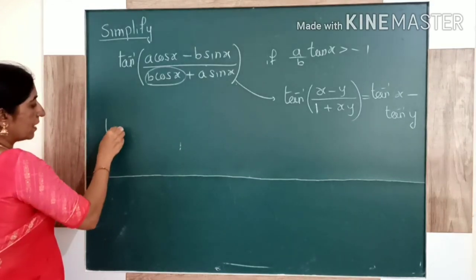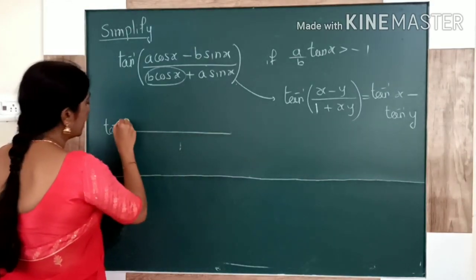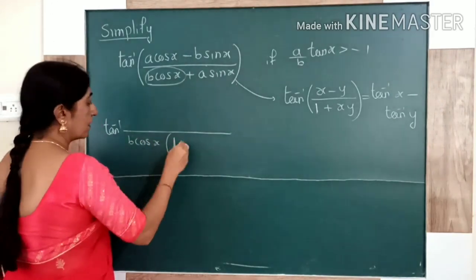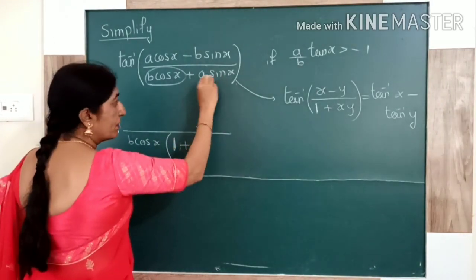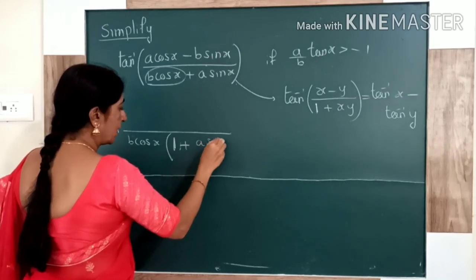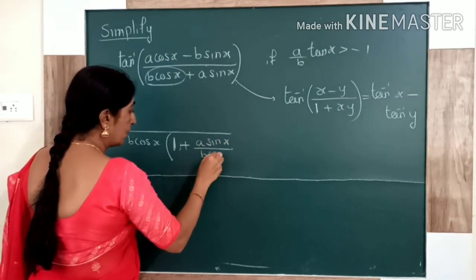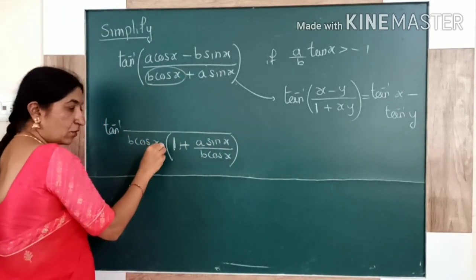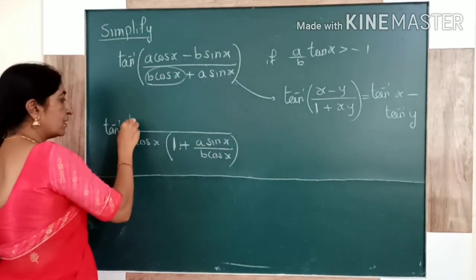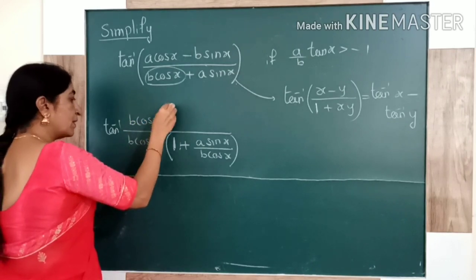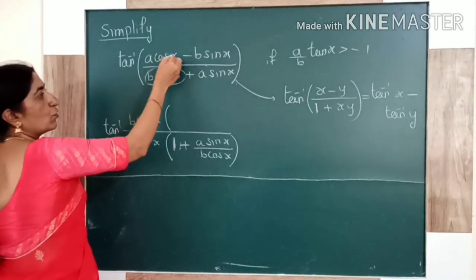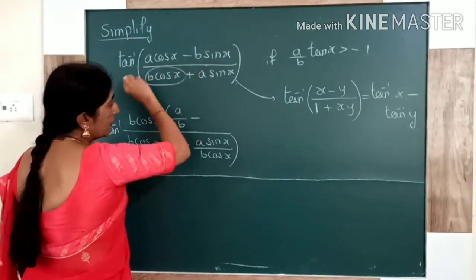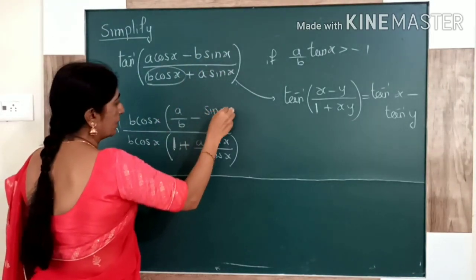To make that a 1, take b cos x common. Now it becomes 1 plus, there is no b cos x, so it is a sin x upon b cos x. If you take b cos x common in the denominator, then arrange to balance that. We took cos x common, b is not there. And b is common, cos is not there.